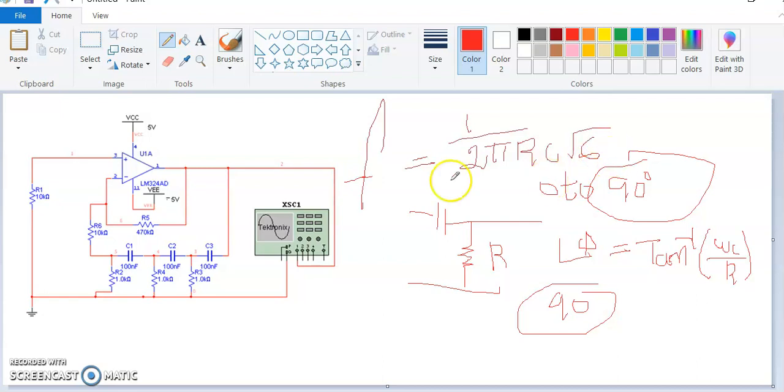Here the 6 comes from the number of RC sections.